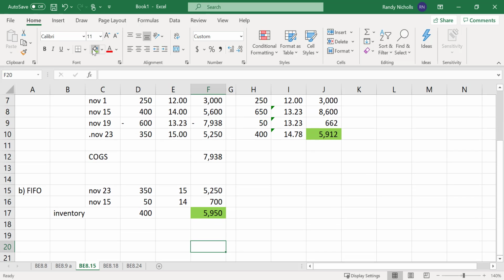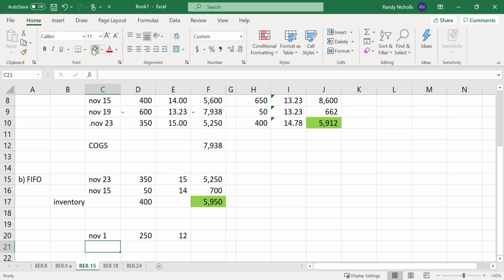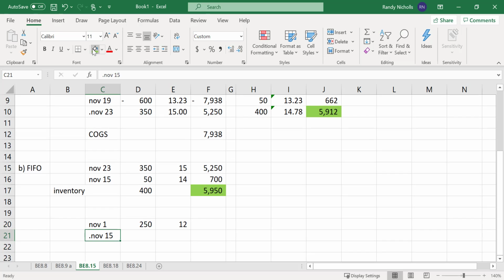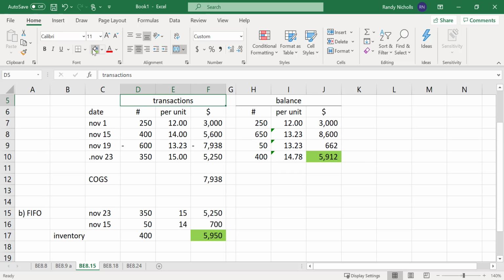If I'm looking for my cost of goods sold, which is the other place it's looking, well, I sold 600 units. Which ones did I sell? Well, I sold everything that was in my opening, which was 250 at 12 bucks, and I sold some of the ones I bought on November 15th. I've got 350 of those that I sold. Let's make sure I got my math right.